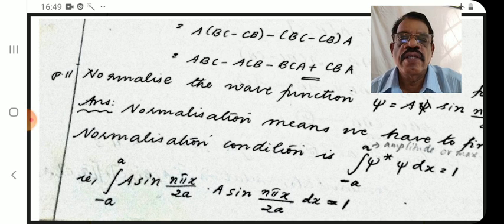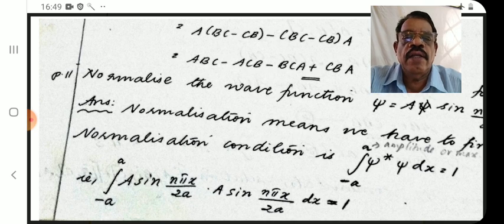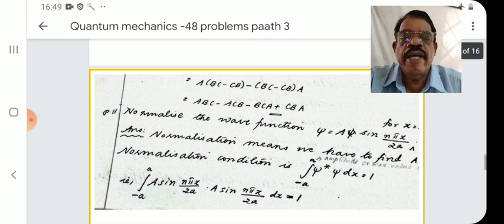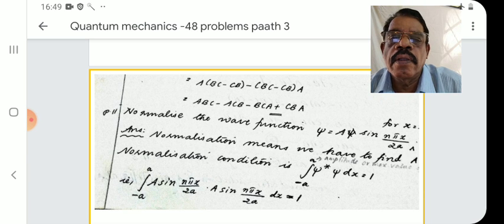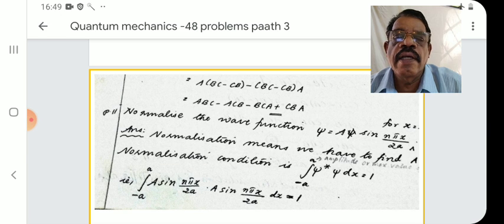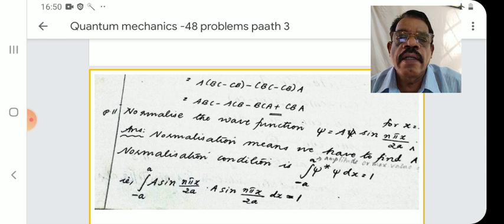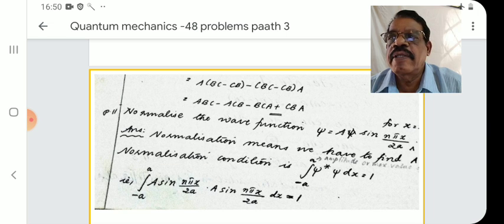Normalize the wave function psi equal to A sin(nπx/2a). The limit is written there: x is in between minus a and plus a. The domain is minus a less than or equal to x less than or equal to a.